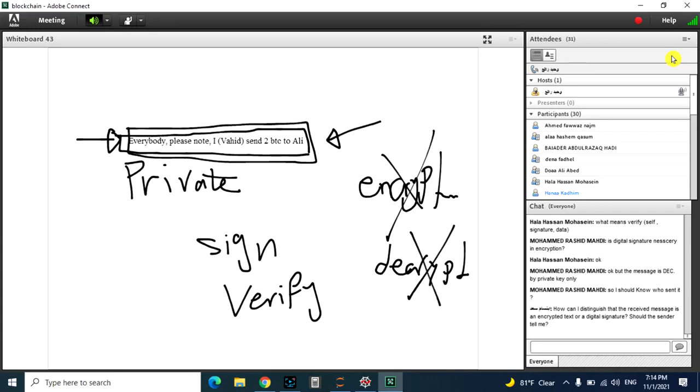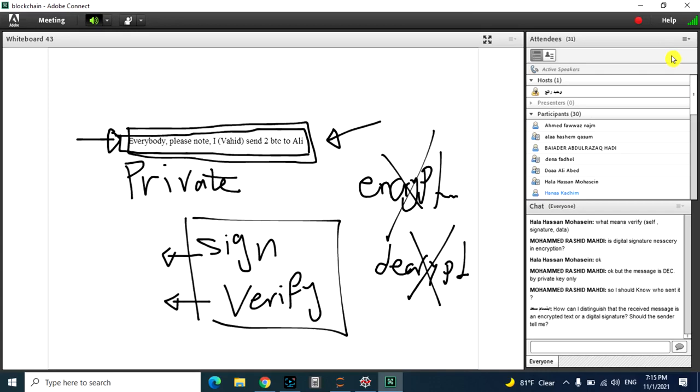What is sign? Sign is encrypting a message with a private key, which is called a digital signature. What is verify? Verify is decrypting a signature with a public key, and it must be the same as the message. Understand?